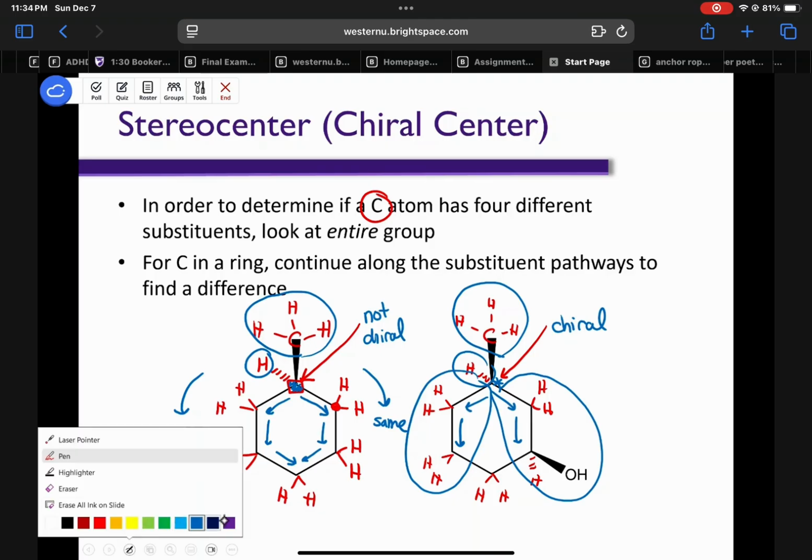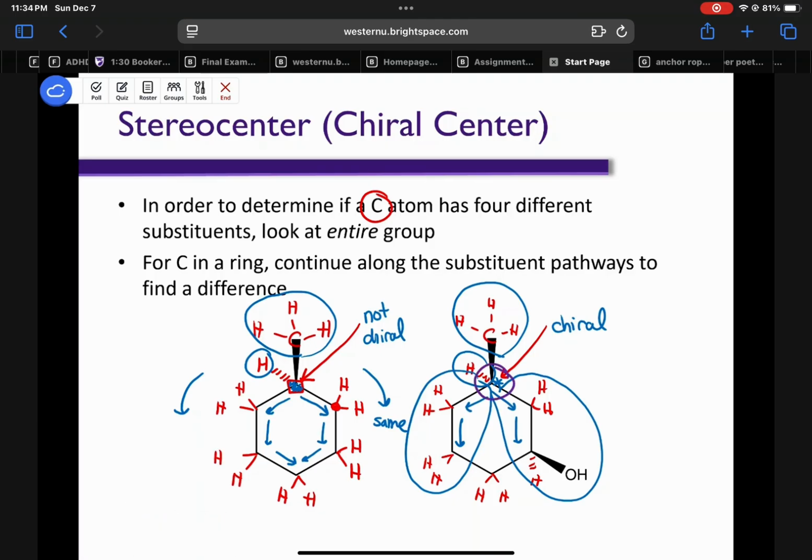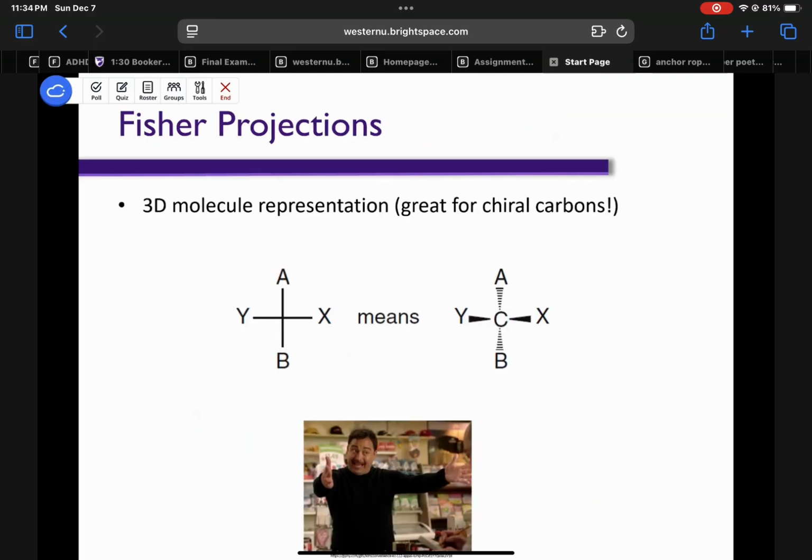So the molecule on the right has a chiral center there, and we already drew in our hydrogens, and it actually has another chiral center over there as well. The bottom right carbon has a hydroxyl, a hydrogen, a CH2 that way, and a CH2 that way, but the one to the right hits a methyl group. So the picture is getting messy, I agree, but we need to follow along until we find a difference to identify our chiral centers.